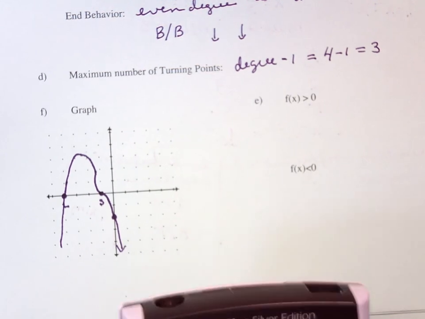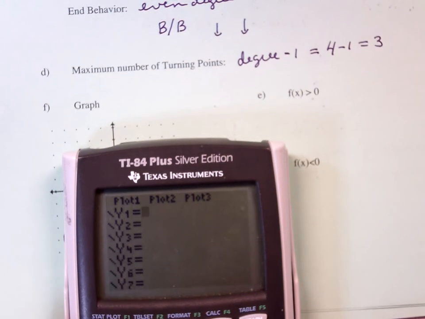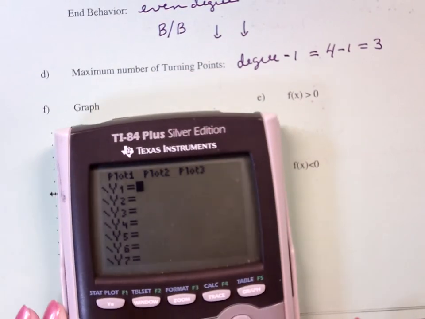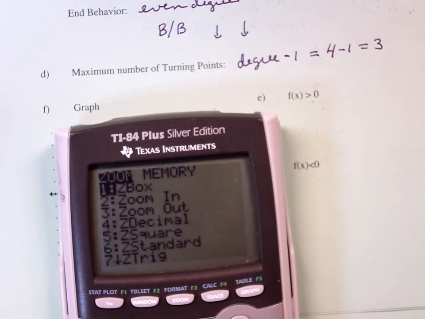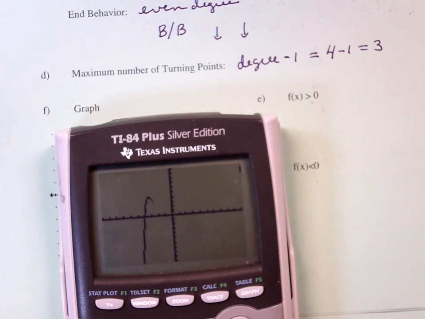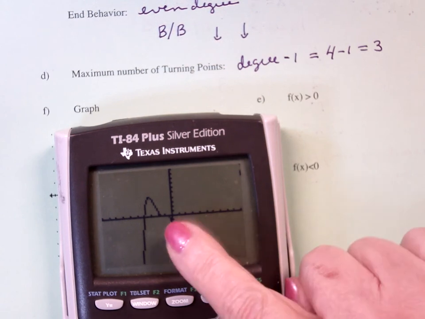So if I put in my grapher, and I'm just going to do a zoom standard because I'm only interested in the x-intercepts. So negative, I'm going to use 0.5 for 1/2 times x plus 1 to the third times x plus 4, and I'm going to just do a zoom standard or zoom 6, and there he is.